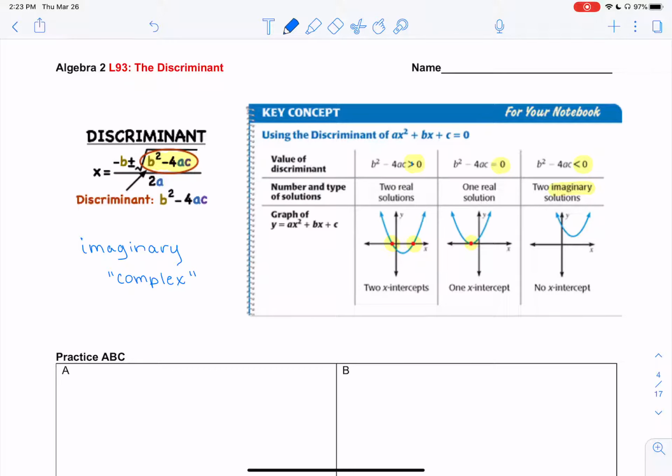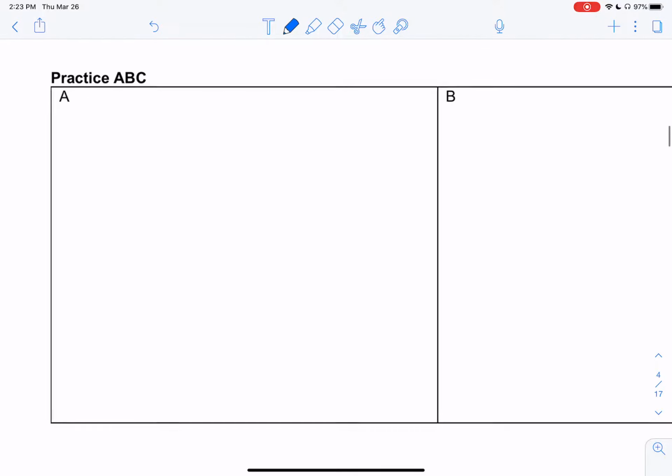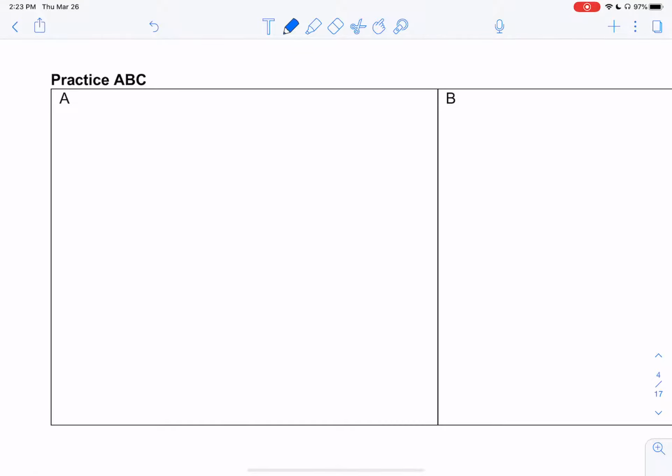Okay, so we're going to go straight to your textbook for question A, and you will find this on page 388 up at the top. I'm going to start off by reminding myself what the discriminant is equal to, and that is b squared minus 4ac.